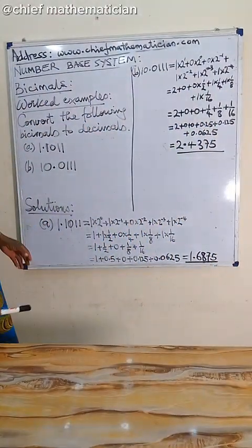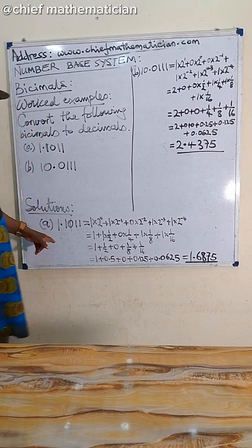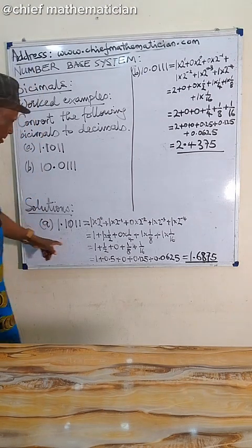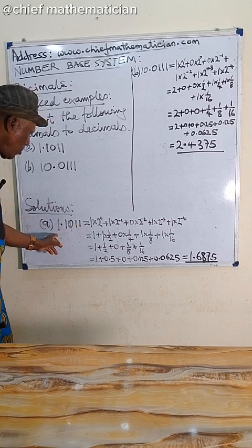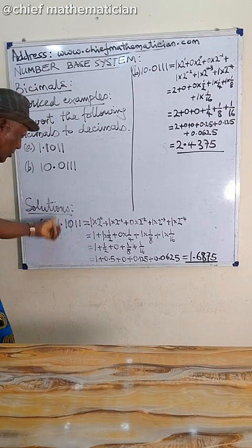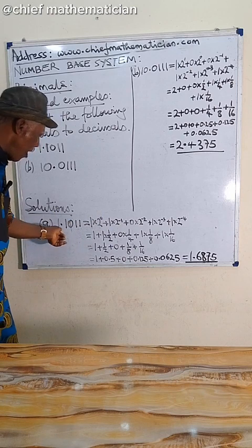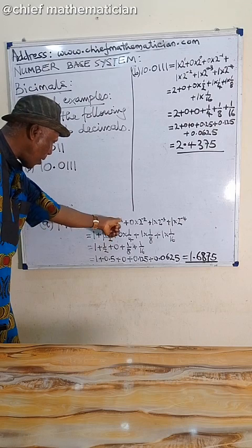Now, to answer these questions, you can look at what we have here. 1.1011 in base 2 is equal to 1 times 2 to the power 0, that is the units, plus, now we are going to the fractional part, 1 times 2 to the power minus 1.